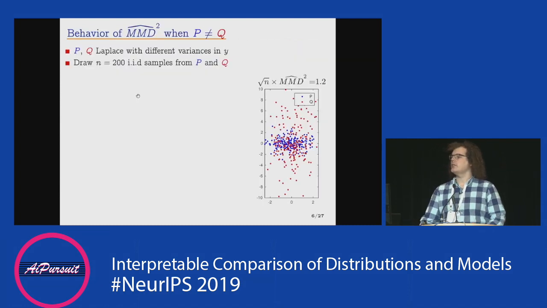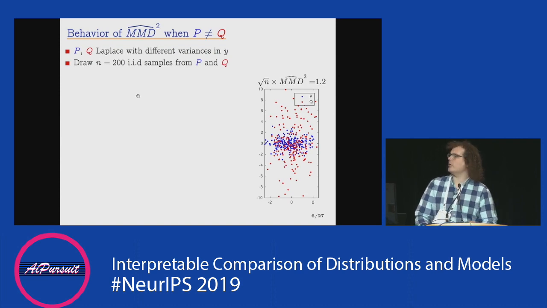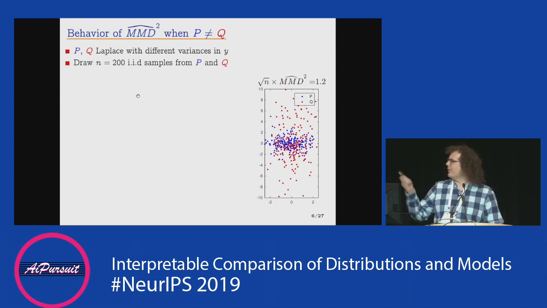Here's an example of how the randomness in the estimator works in a simple case. Here I'm comparing two distributions, these blue and red points shown in this picture. I'm drawing 200 samples of these 2D points. They have different variances in the y direction, but the same in the x direction, whatever, details don't matter. Now when I run this MMD estimator, I get, say, 1.2. Here's a histogram of 1 point.